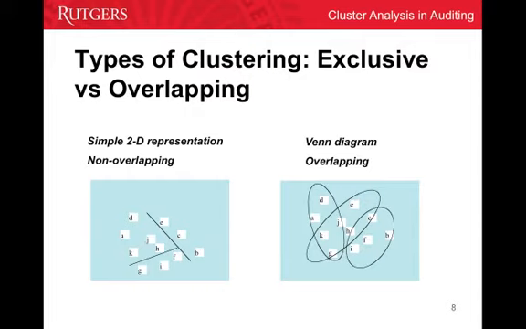If an object can simultaneously be assigned to more than one group, then we call it overlapping or non-exclusive clustering. Here there are still three clusters, but some points, like the point K, belong to this cluster and also belong to this cluster. Overlapping clustering is usually used when an object can equally be assigned to any of the groups.